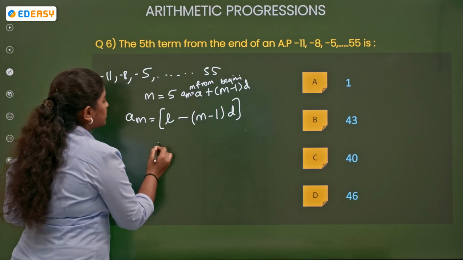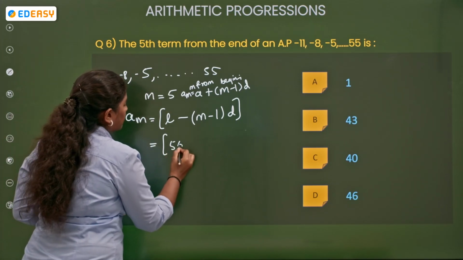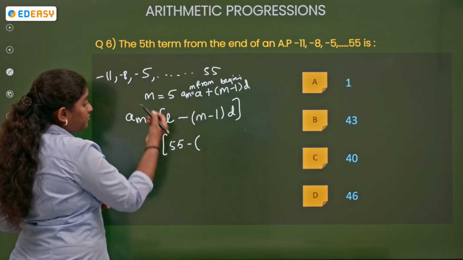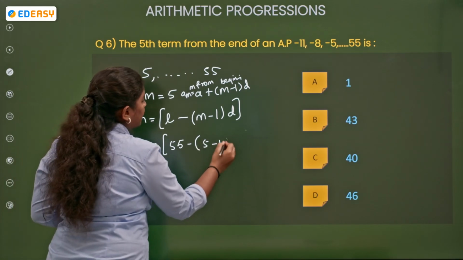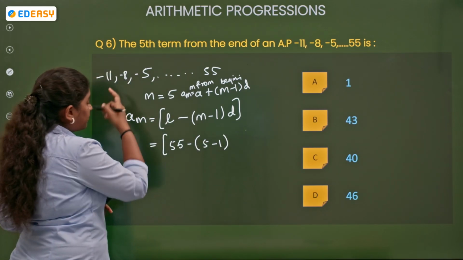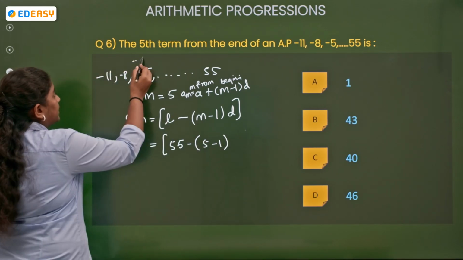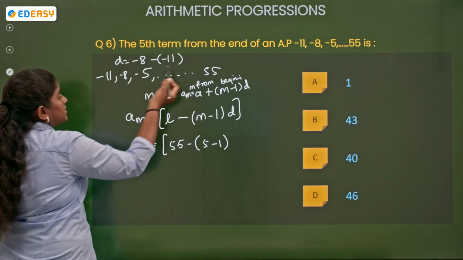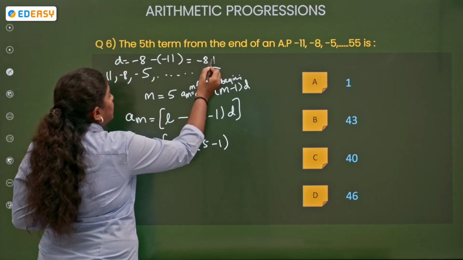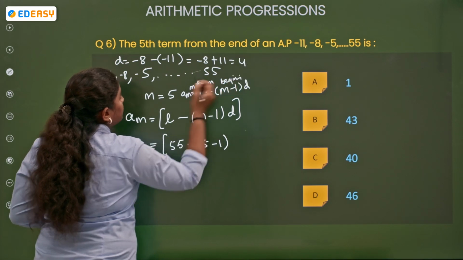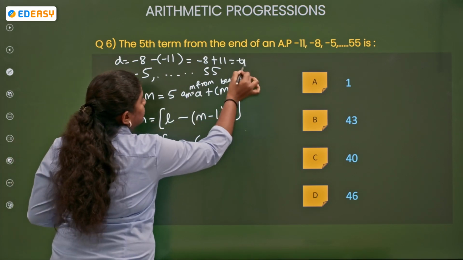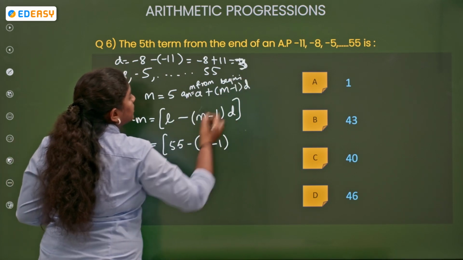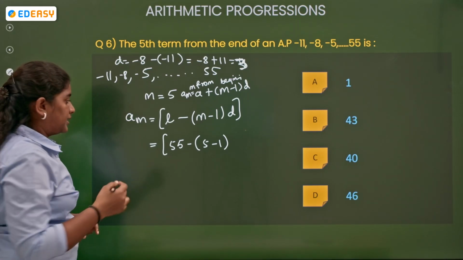Here, what is the last term? That is 55 minus... What is the m value here? 5. So 5 minus 1, into... what is the common difference? Find the common difference: minus 8 minus (minus 11), so minus 8 plus 11, which is 3.